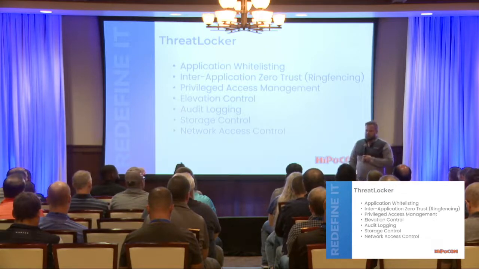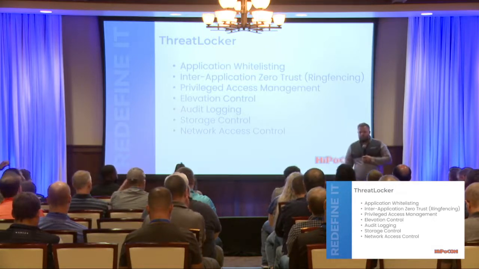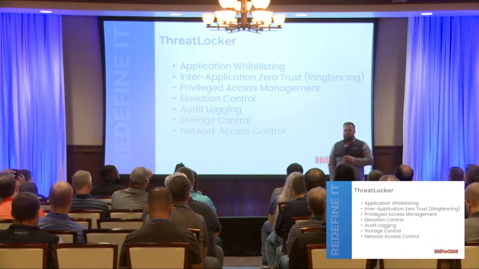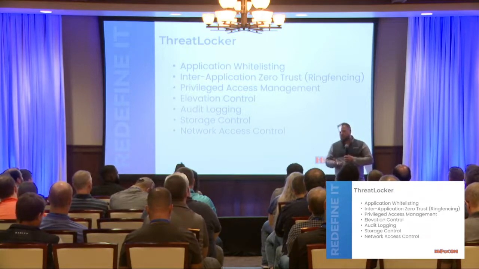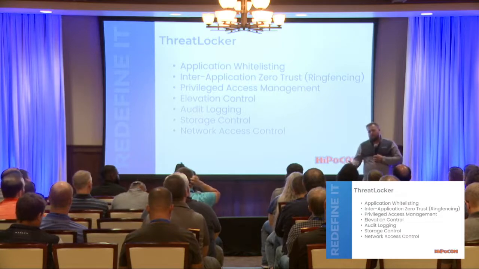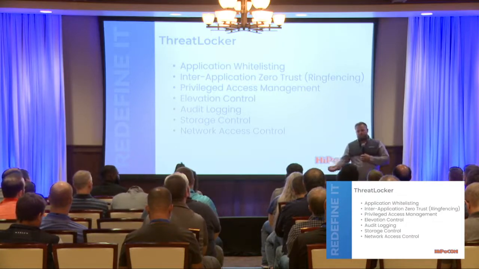When we get into that inter-application zero trust or ring fencing, that allows us to control the application's communications with other applications. As an illustration, your Chrome browser has access to basically anything on your computer. If your browser was to be hijacked, there's nothing that it doesn't have access to.